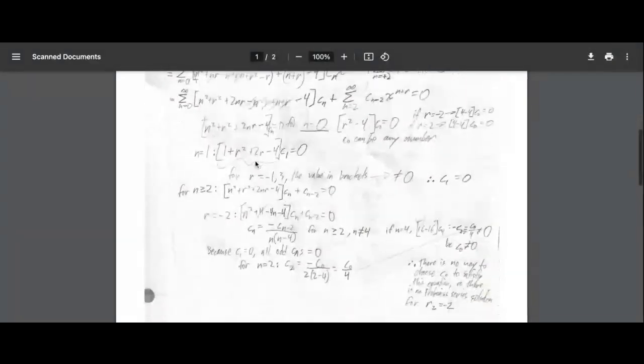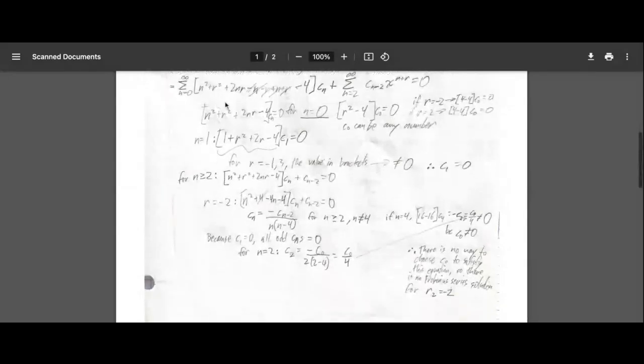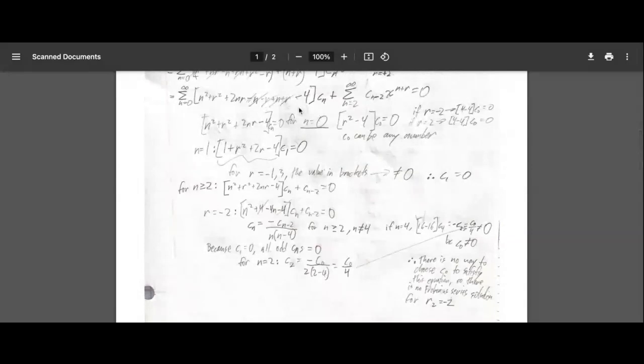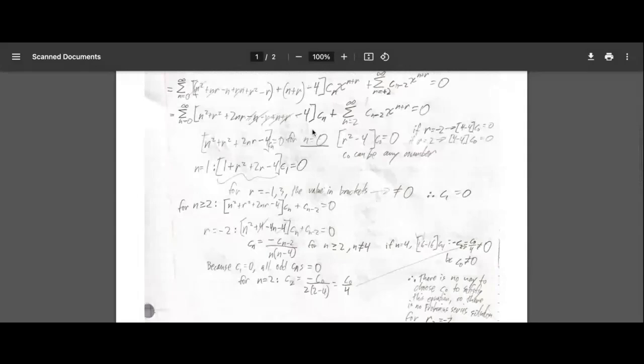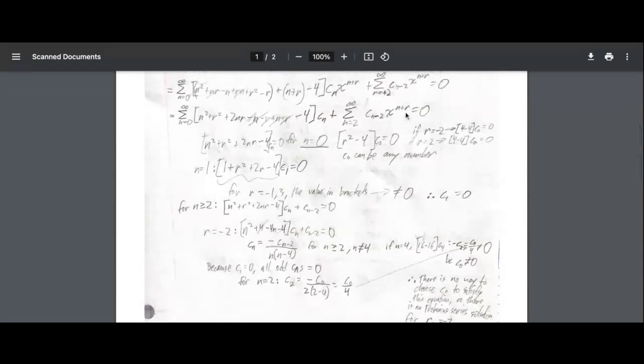Here at the end, I end up with n squared plus r squared plus 2nr minus 4, and that's inside of the brackets of my c of n. I forgot to put the x to the n plus r over there. And then, of course, this drags along the sum from n equals 2 of c of n minus 2 x to the n plus r.